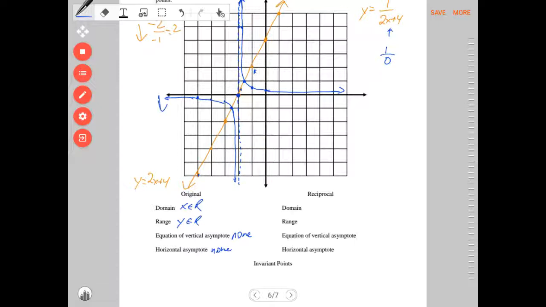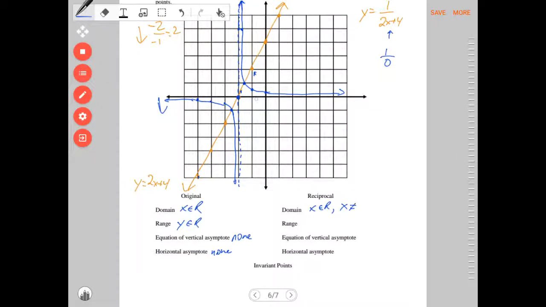For the reciprocal, the blue graph though, the domain is everything except where x can't be. Our previous example was x couldn't be 0, but this time x can't be -2. Awesome.